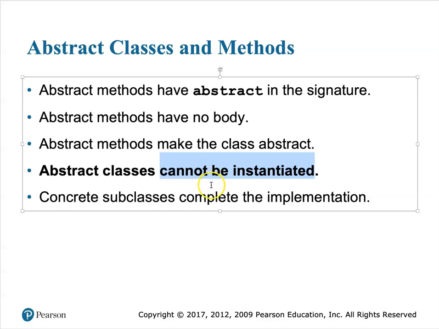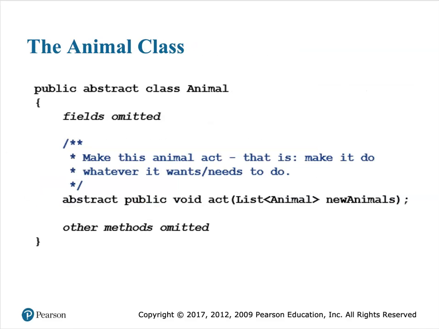So what has to happen is another class must extend that class and then implement the abstract methods. Once the abstract methods are implemented, we call that a concrete subclass. If the subclass doesn't implement the methods, then something must extend the subclass. Eventually, somewhere, all the methods have to be defined. Well, if we have the animal class, public abstract class animal, abstract public void act.